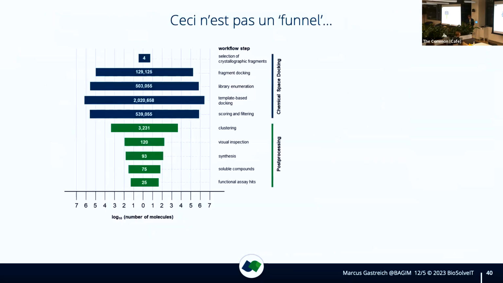It was something that doesn't work like a classical technology where you usually have a funnel. So I wrote up there, ceci n'est pas un funnel, as the French say. You blow it up in the middle. We started out with these 4 fragments, then we blew it up, and then it came down again. That's the chemical space docking workflow that we did.